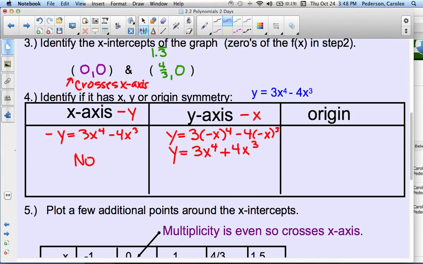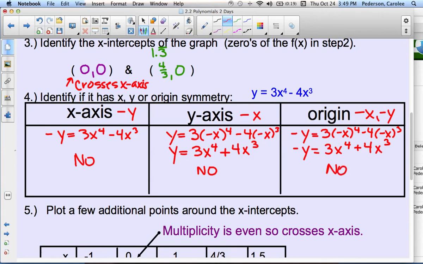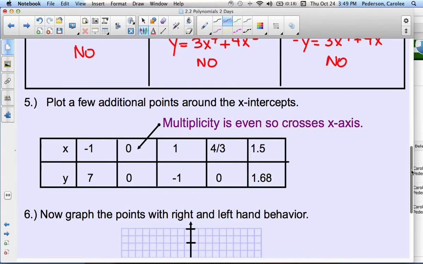We don't get the original function back. So far, no symmetry. Last test is replace the x and the y with a negative. When you simplify it, you do not get the original back. So no symmetry here with the x-axis, y-axis, or origin.